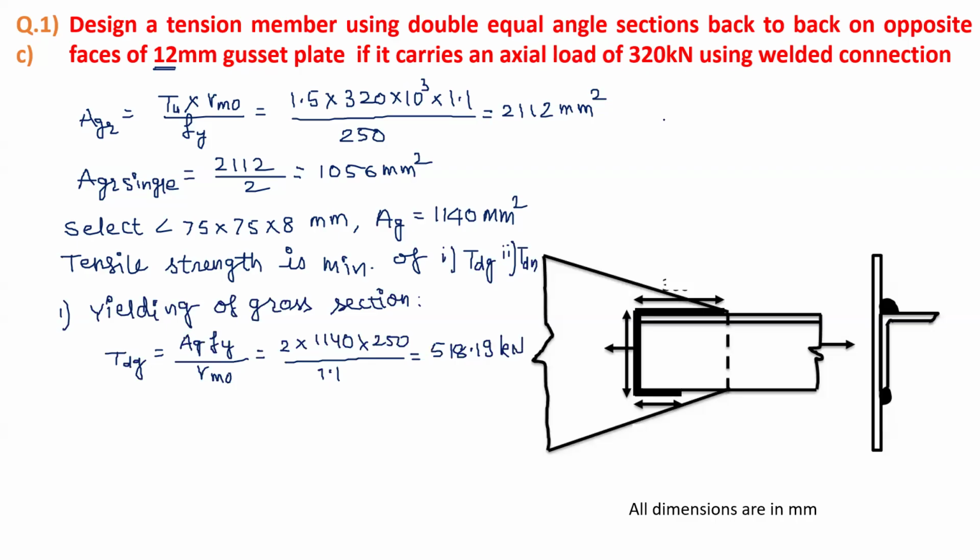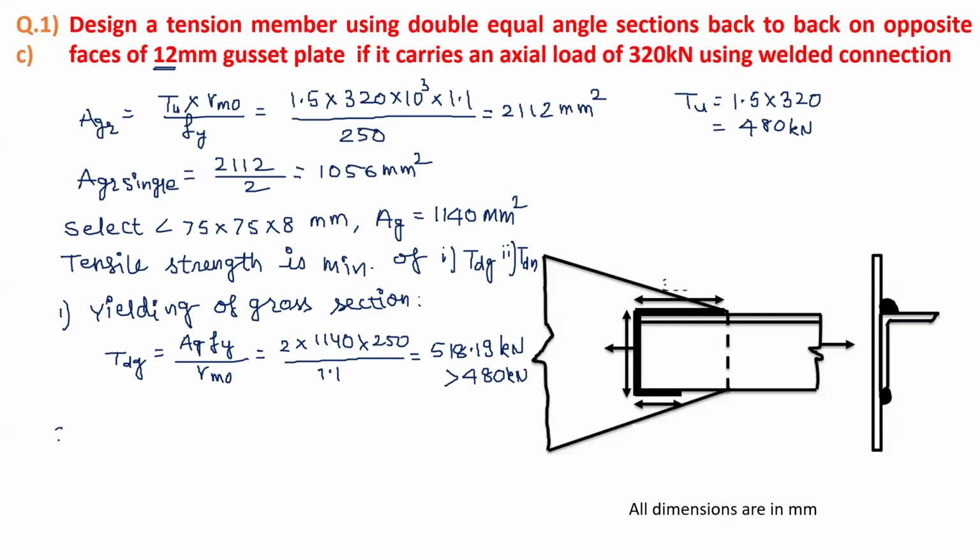Now the value of TU, if I find on this side, is 1.5 into 320, which comes to 480 kilonewton.